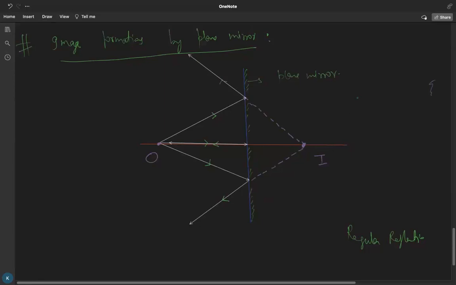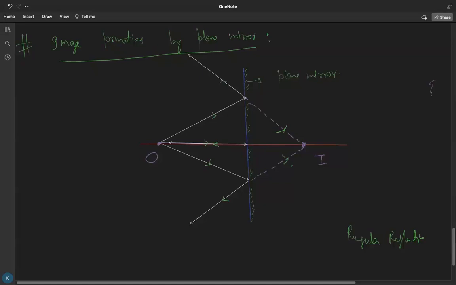And this is the intersection point of the reflected rays, which is actually a virtual intersection. So it will be termed as a virtual image. The image is actually virtual. Why is it? Because the intersection point of the reflected rays is actually virtual. I hope it will be clear to all of you what I'm trying to say. The intersection point is virtual, so the image is virtual, right?